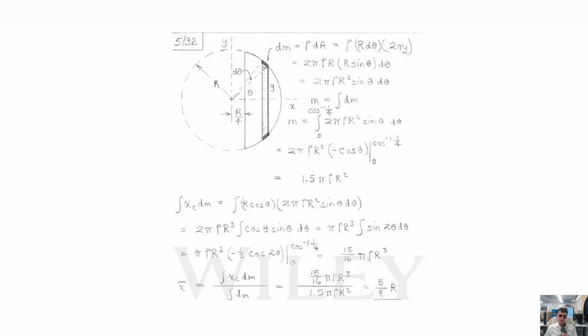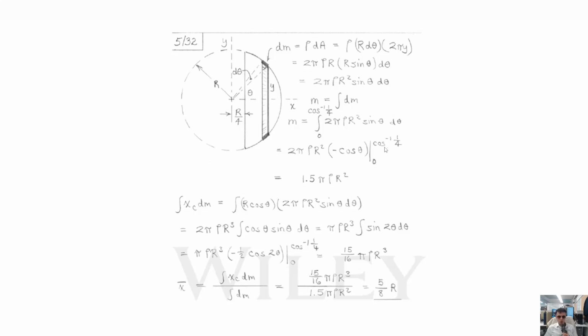And 2 pi rho r squared, everything can come out of the integral. Therefore, the integration of sine will be minus cosine from 0 to cos inverse 1 over 4, which will be this.